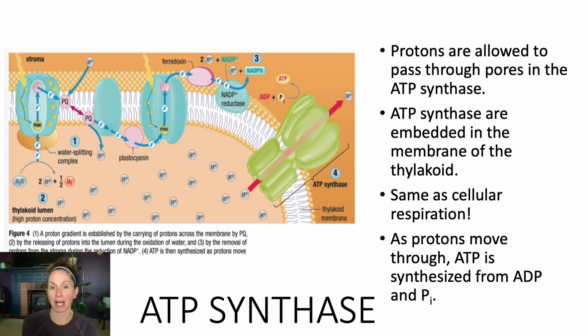So protons are allowed to pass through the pores in the ATP synthase, and we know the ATP synthase is embedded in the membrane, and this is the thylakoid membrane. So it's the same kind of business as cellular respiration. As protons move through, ATP is synthesized from ADP and inorganic phosphate.